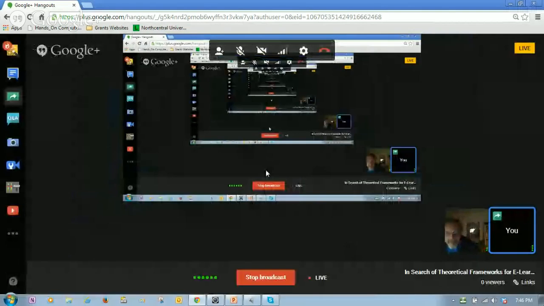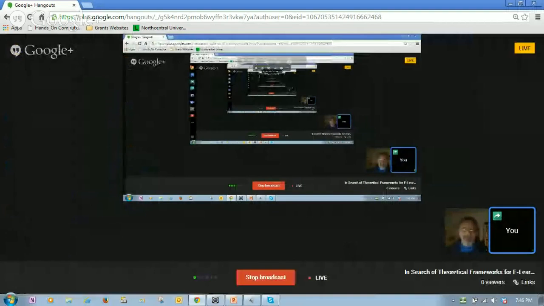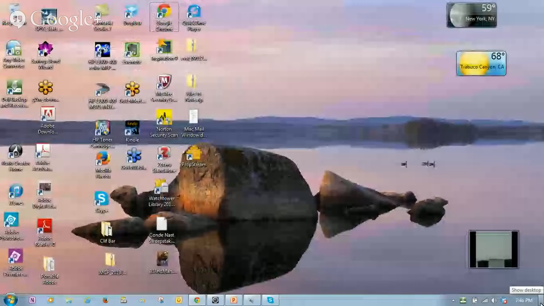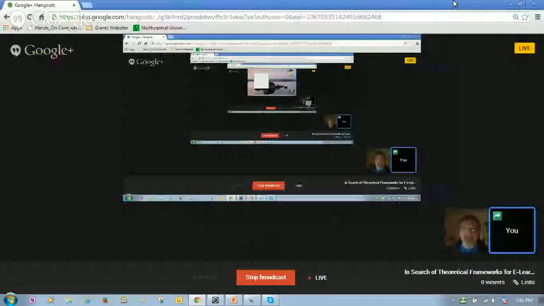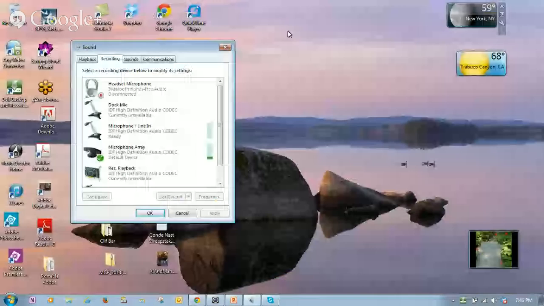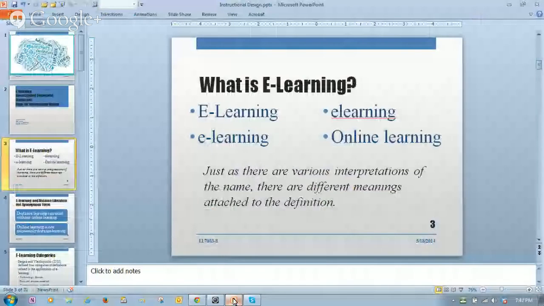Actually, what you want to share is your desktop. Oh, yeah. That's fine. Just minimize this browser here, and then I'll open my PowerPoint. Yeah. Okay.